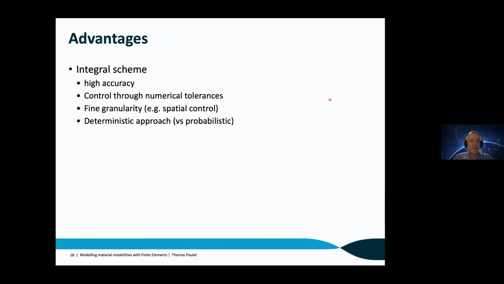And to sum up, the advantages of the finite element method is that it is an integral scheme. Therefore, you have higher accuracy compared to, let's say, differential schemes in some cases. You have a lot of control through your numerical tolerances and the algorithms being used, fine granularity, and it's also a deterministic approach. Last time, Sergio told us about the probabilistic approach, which also has its advantages, but sometimes you just want something that is deterministic and deal with the probabilistic level later on, which is what Florian will talk about next time.